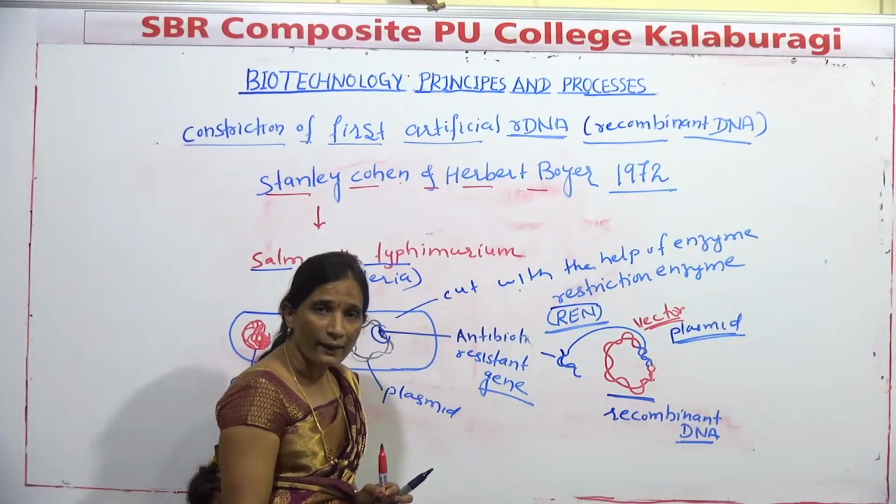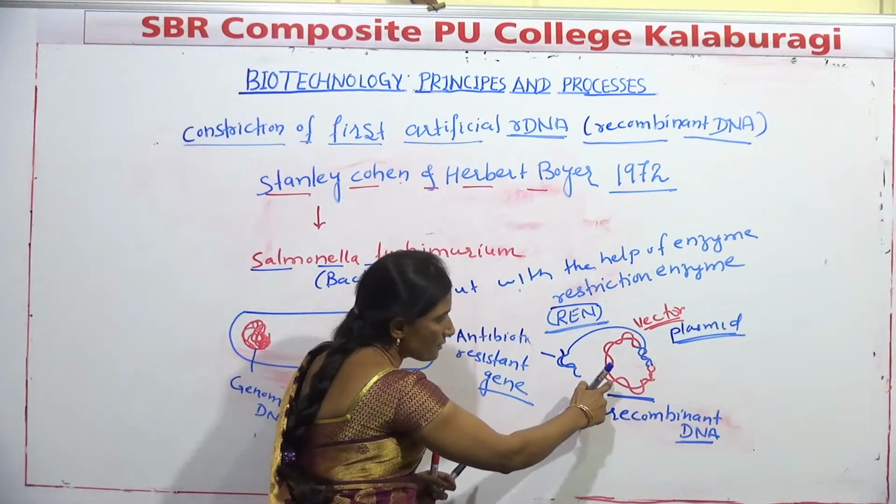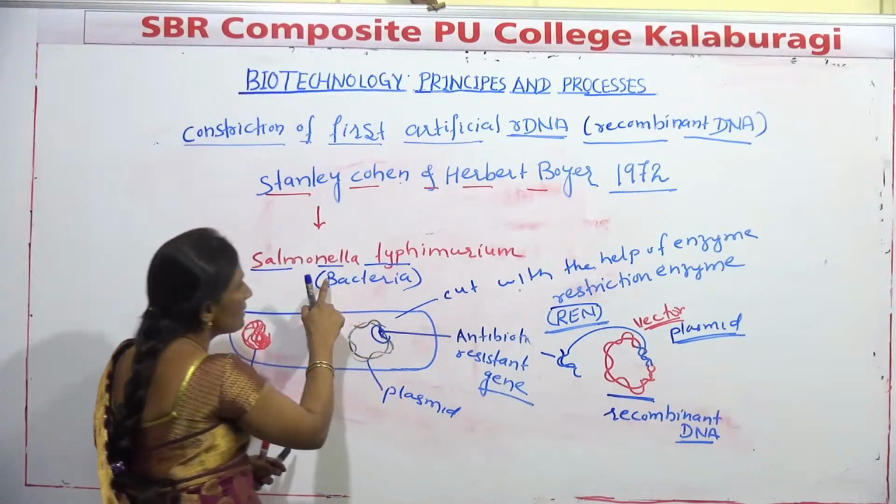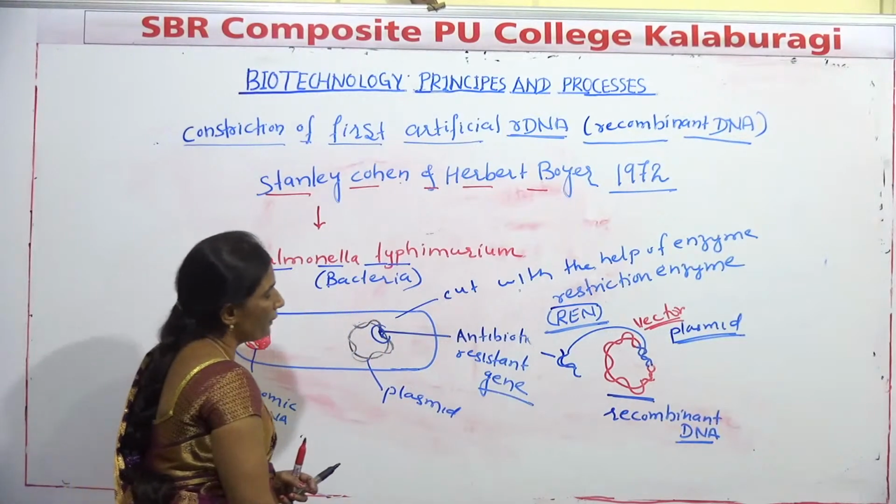This is the plasmid, and this is the antibiotic resistant gene from Salmonella typhimurium.